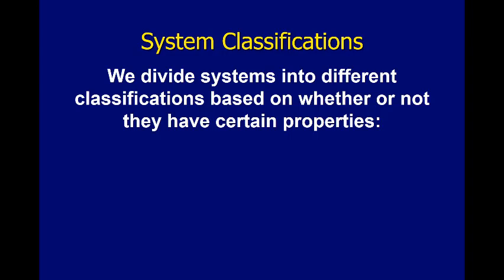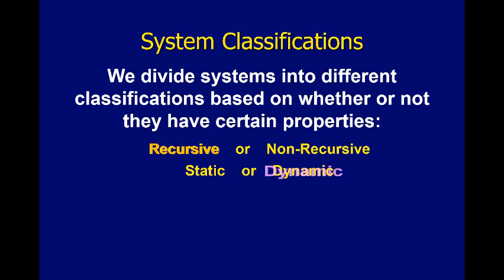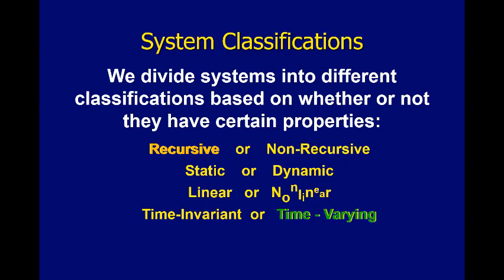So, roll up your sleeves, hang on to your hat. You've done this all before, so we're going to do it quickly. Is it recursive or non-recursive? That's kind of new. Is it static or dynamic? Oh, you remember that. Linear or nonlinear, the big one. Time invariant or time varying? Now we'll call it shift invariant and shift varying. Is it causal or non-causal? That's back to, of course, stable and unstable.